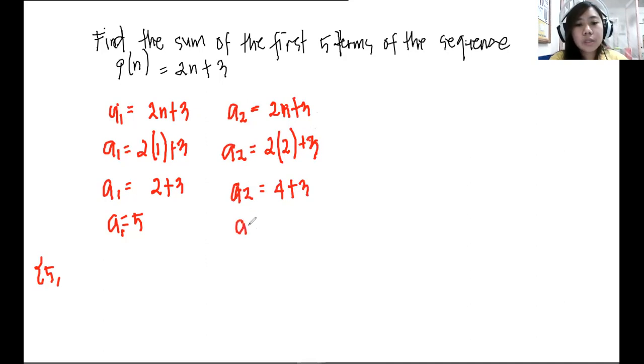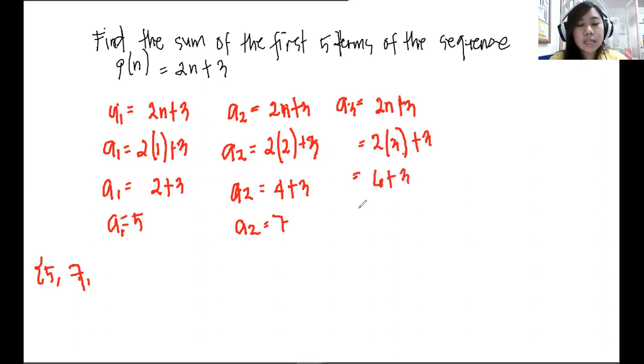Then A sub 2 is equal to 7. So the second term is 7. Next is A sub 3, or the third term. So 2n plus 3 is equal to 2 times 3 plus 3 is equal to 6 plus 3 is equal to 9. So A sub 3 is equal to 9.